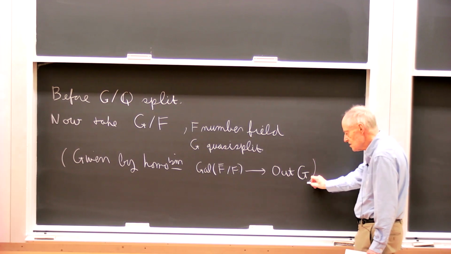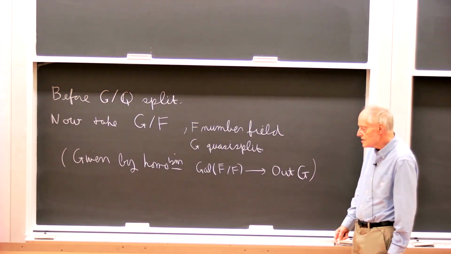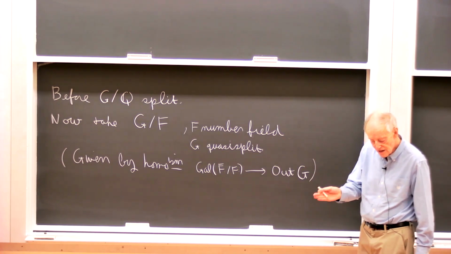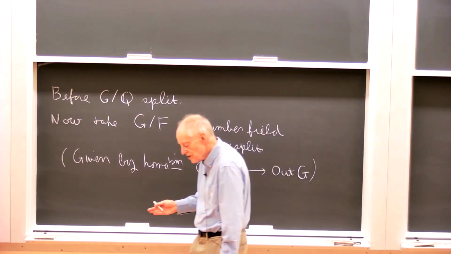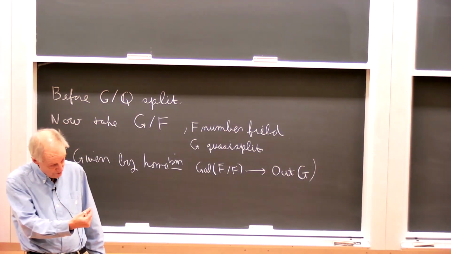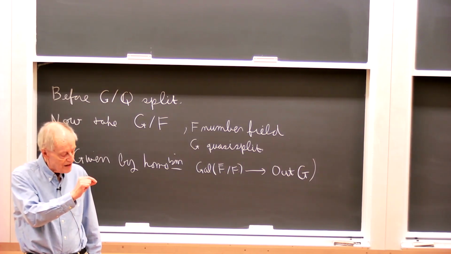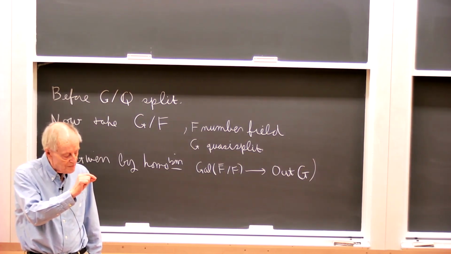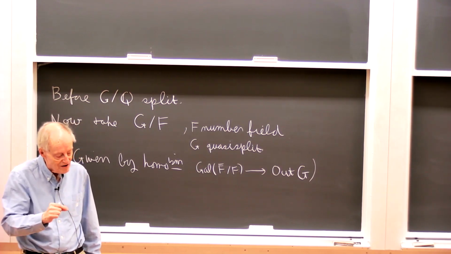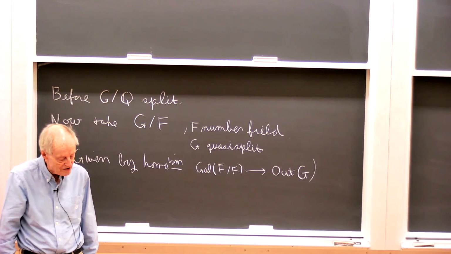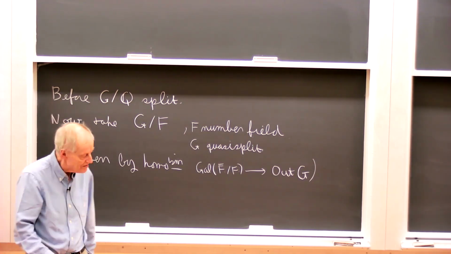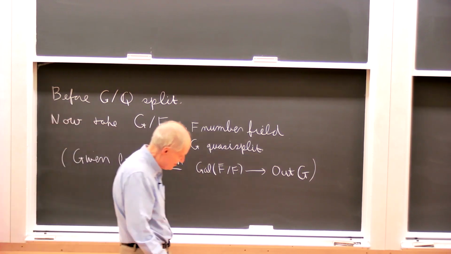That's relevant here because, if you have a quasi-split group, the choice of datum consisting of a Borel subgroup, and on top of that a basis of the simple root vectors in the unipotent radical, is called a splitting of the split group.